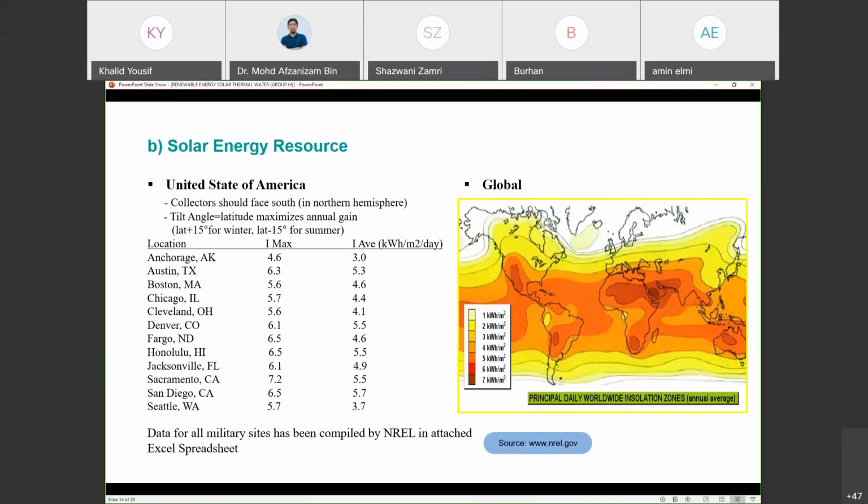It lists down all the locations given there, including I max and I average.